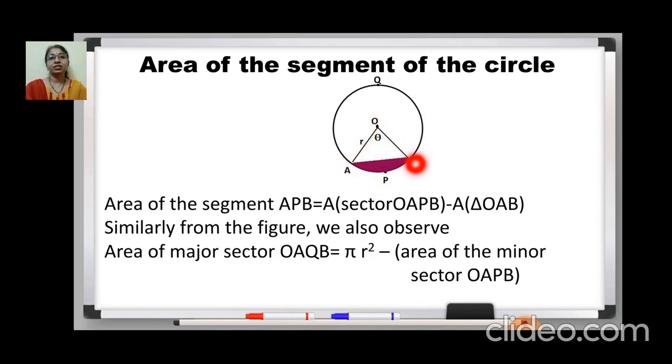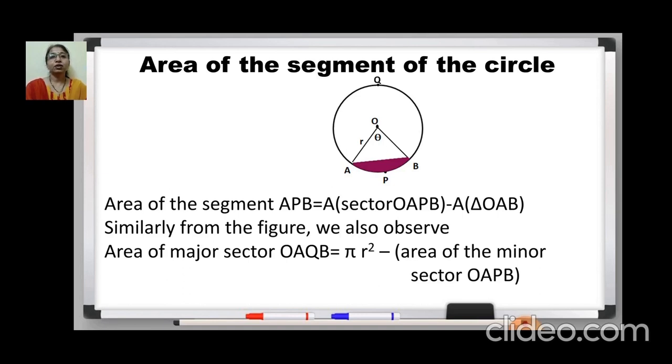From that sector you subtract area of triangle OAB. So what will remain? You will get area of this shaded portion. So therefore area of the segment APB is equal to area of sector OAPB minus area of triangle OAB.